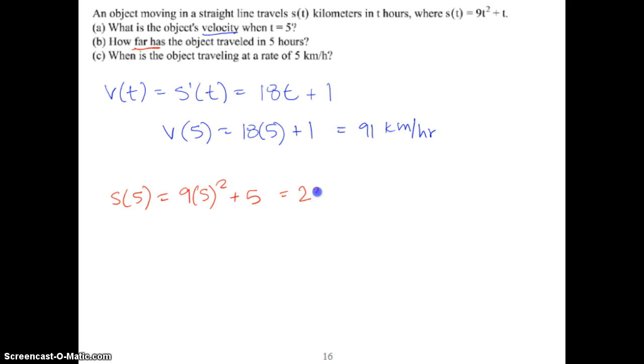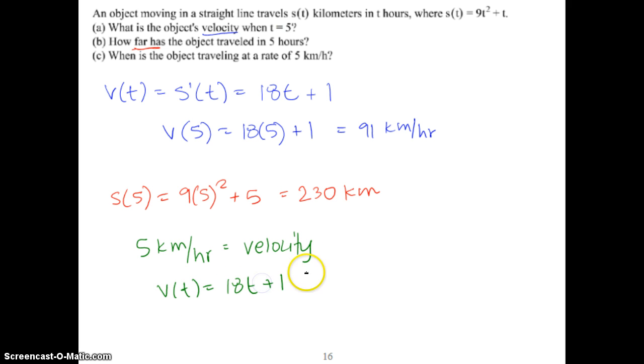which is 230 kilometers. And then lastly, for C, it says, when is the object traveling at a rate of 5 kilometers per hour? If we know the rate is 5 kilometers per hour, we know that's the velocity. So we can use the velocity function, v of t equals 18t plus 1, that we found in A, but we know that the velocity is going to be 5, so we set 5 equal to 18t plus 1.